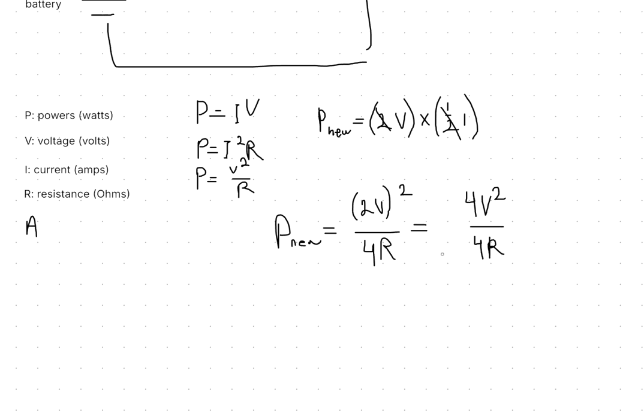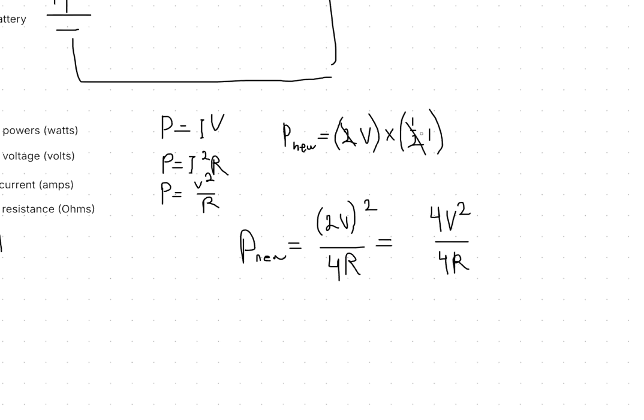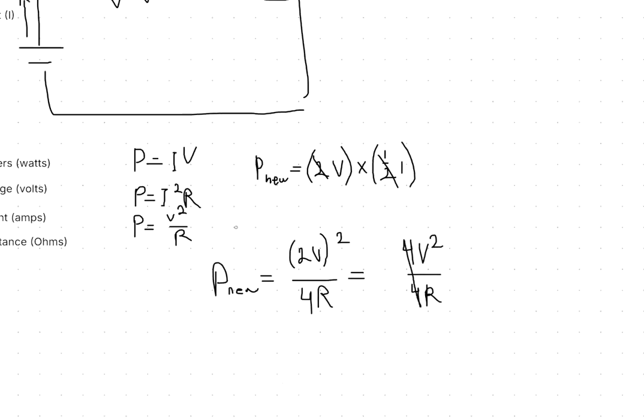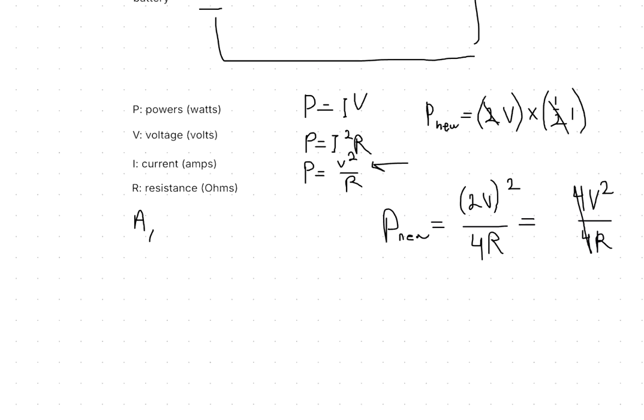And the 4 on top cancels the 4 on the bottom, and that's exactly what we started with in the original equation. So option B also leaves the power unchanged.